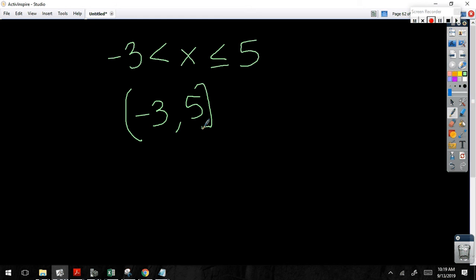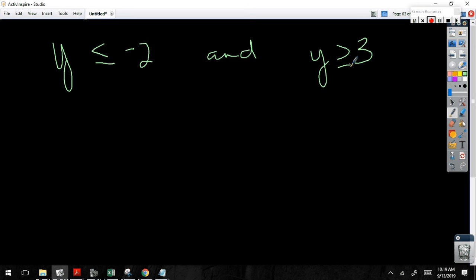If you can describe it in inequalities, you can describe it in interval notation. Here's where it gets a little harder, and not really harder. The last one that we did, with the range, had two parts, right? Y is less than or equal to negative something, and something.